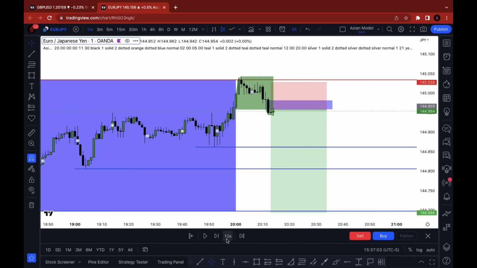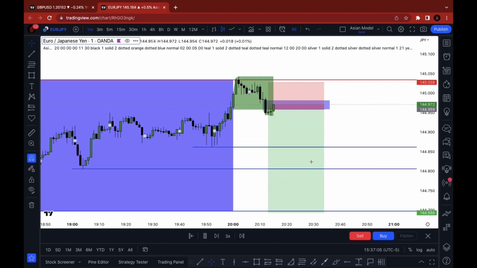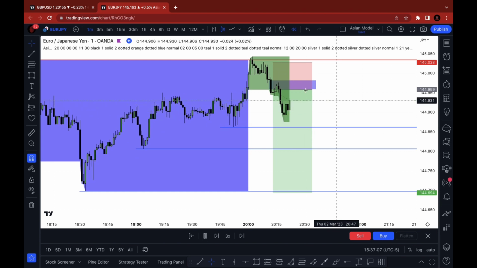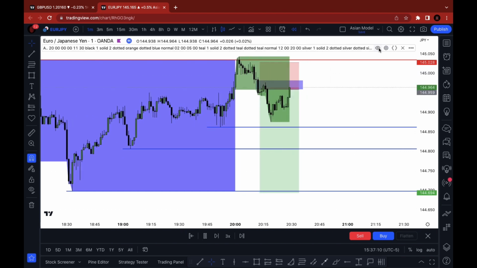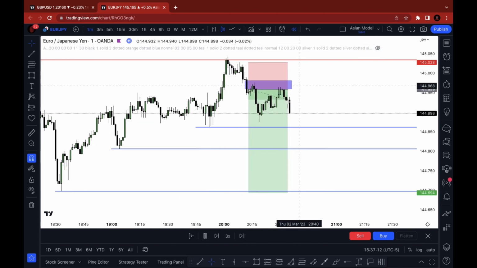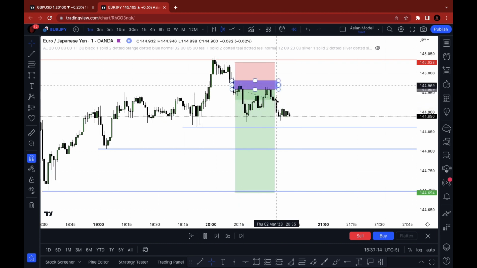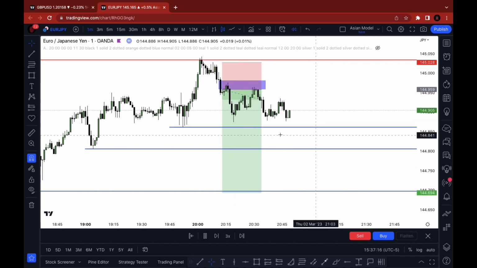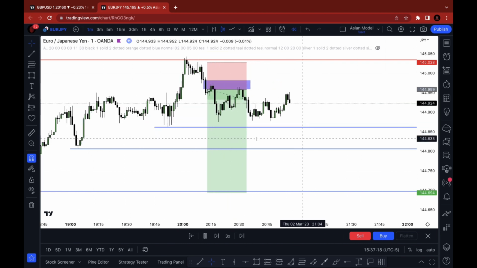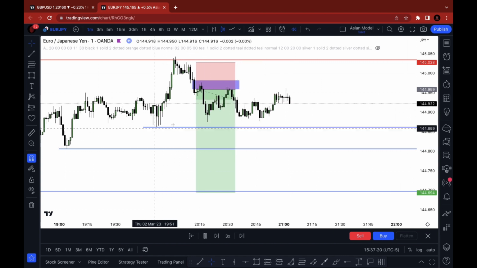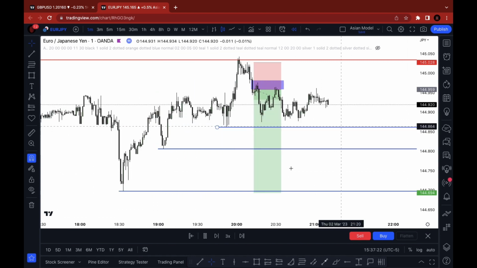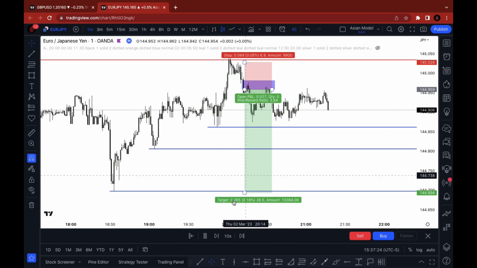So we'll play it forward, because I know this is going to be too fast. And as you can see, we get the entry. We'll take this off. Multiple times it hits into that fingerprint. And what are we still drawing towards? We're still drawing towards this sell side liquidity down here. I'm going to speed it up.